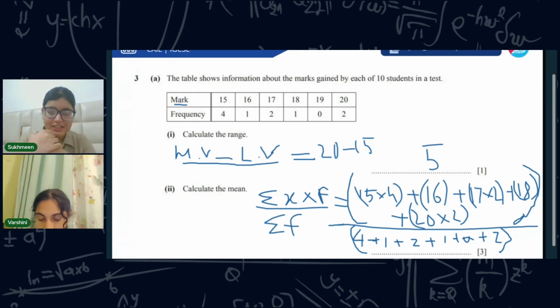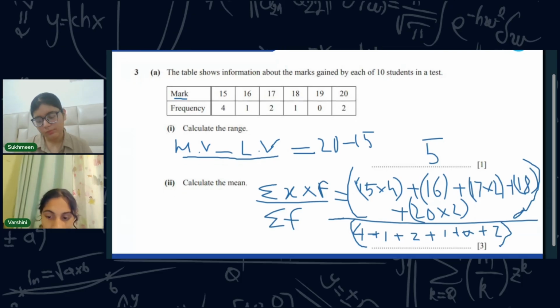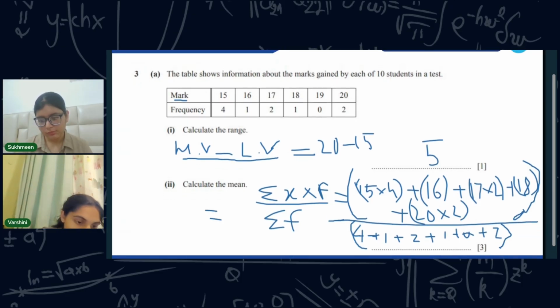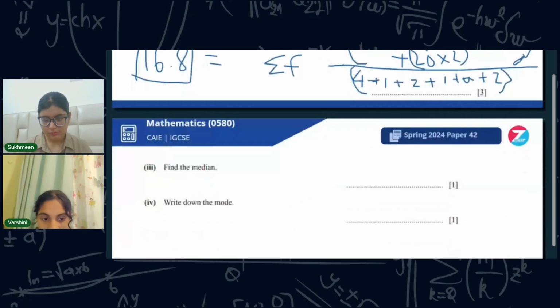So be very careful with writing down each mark and frequency. This has a lot of numbers, so it's very easy to leave out stuff. Don't forget to double check your answer. If you put this in your calculator, you should get 16.8. I'm going to write that over here because there's no space on the other side, but make sure in the exam you space out your working neatly and put the answer in the box.